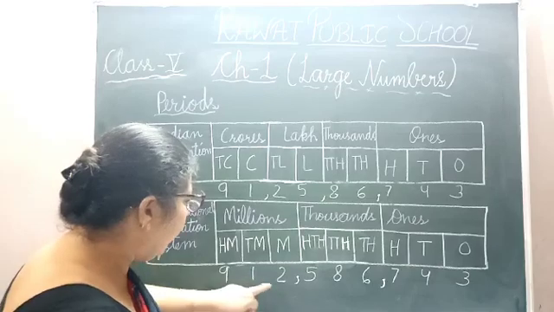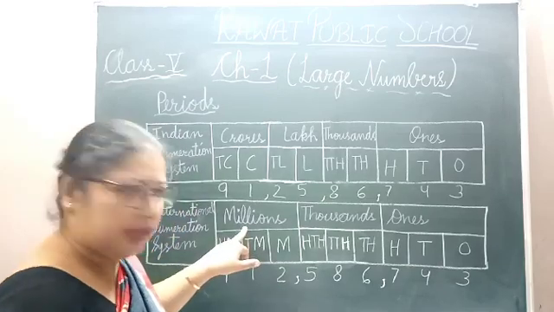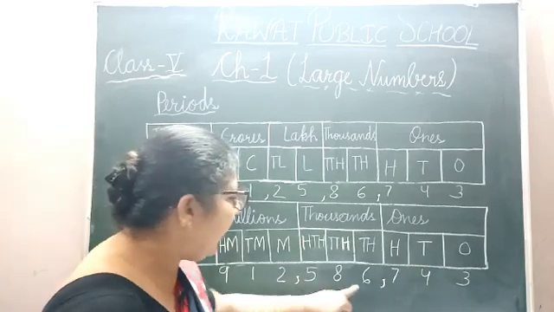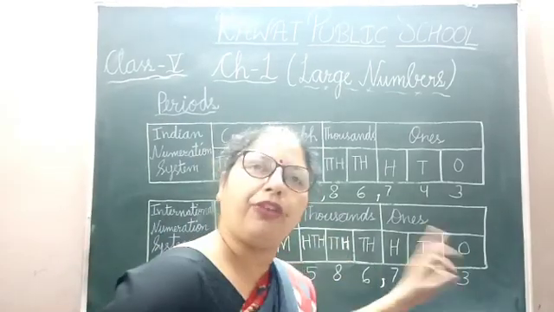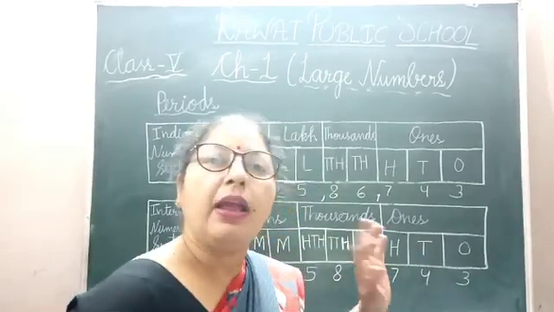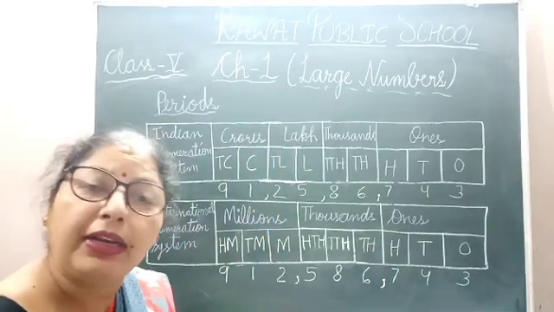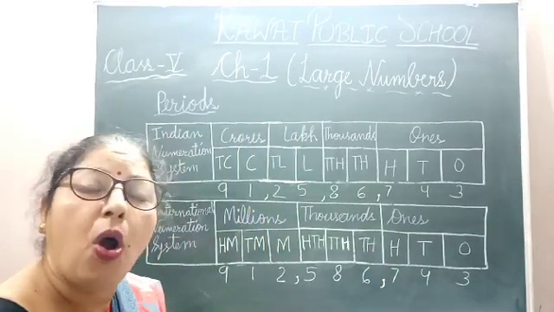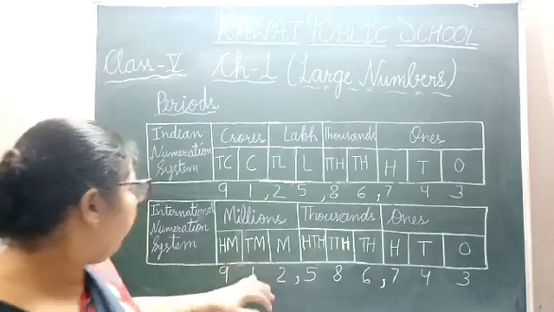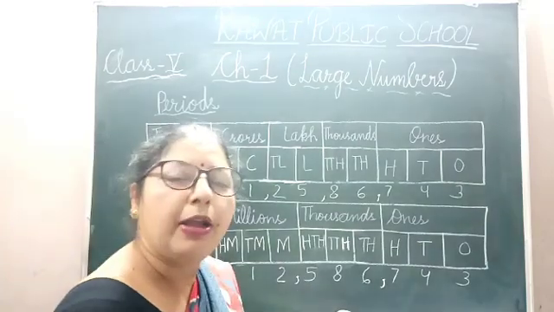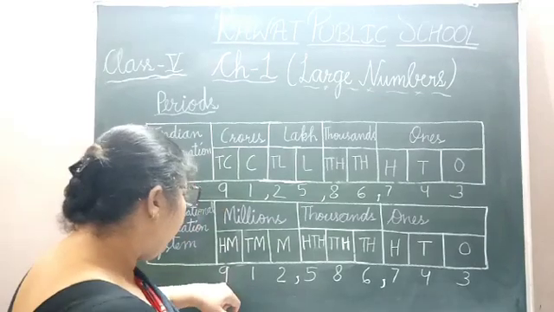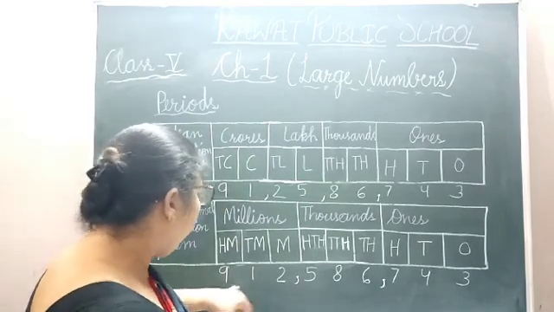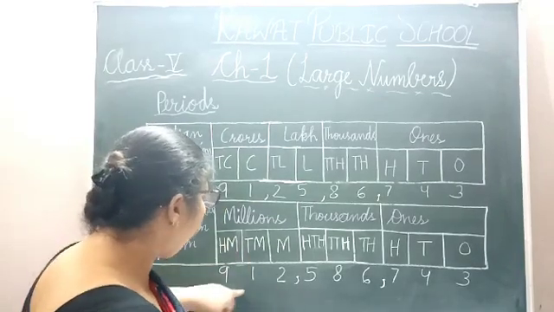So 912 million, then 586 thousand, then 743. Students, when we put the comma, it is very easy to read all the digits. So we put commas according to the places, according to the periods. So we read 912. What is the place value of 912?